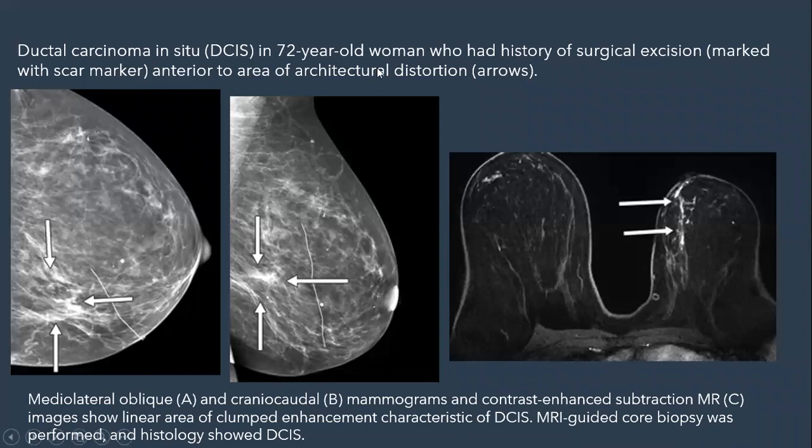Anterior to the area of distortion, the arrow is the area of distortion, and this is the surgical area. It is a little bit not exactly at the same location as the markers or the area of distortion. And it was an area of ductal carcinoma in situ.